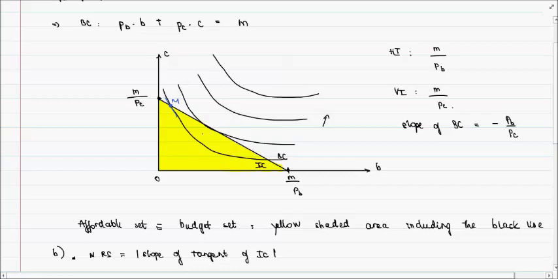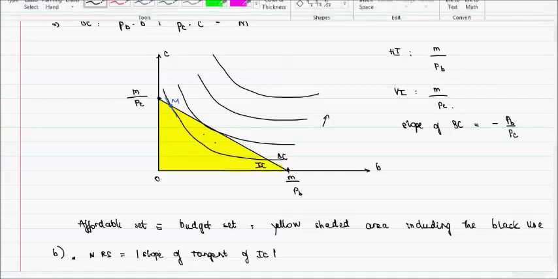So any point above this indifference curve is going to be better than bundle M, because bundle M is lying on this indifference curve.